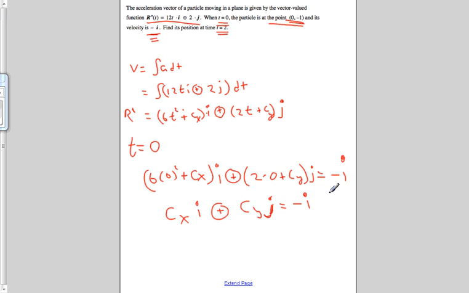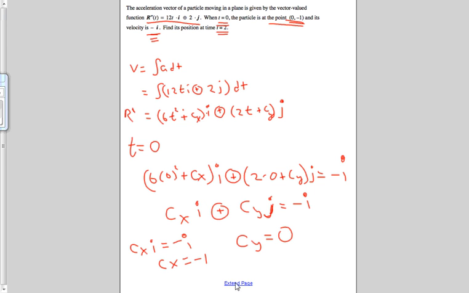Since there's no j term here, we know that cy must be 0. And since we know that cx i must equal negative i, that makes it clear that cx equals negative 1. Okay, so now we know our constants, and we're going to do some more integration.